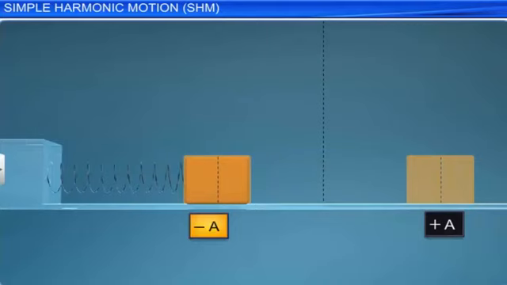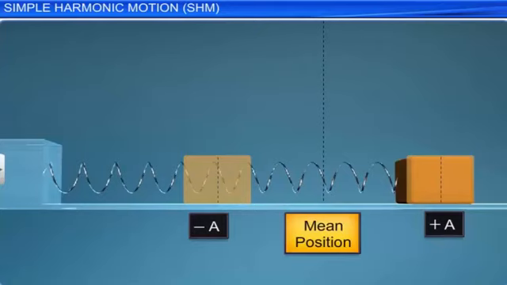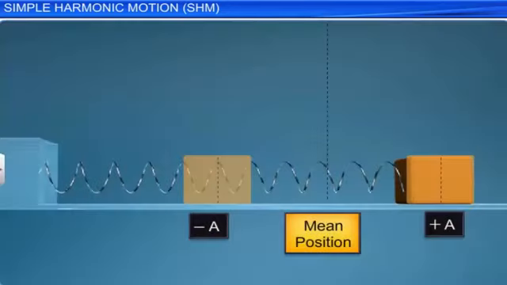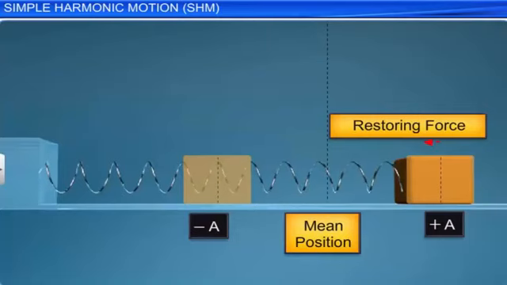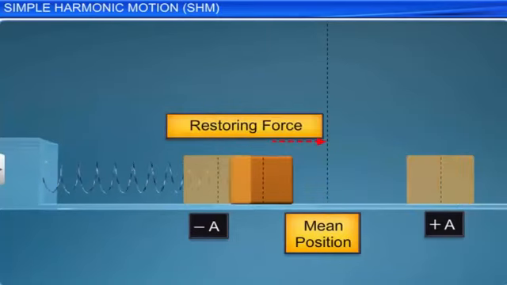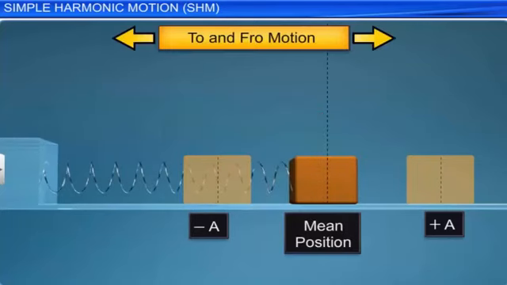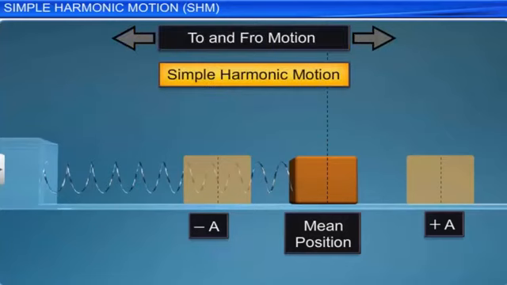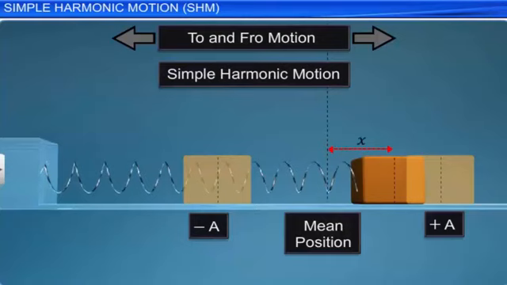As the body moves away from its mean position, it experiences a restoring force, which attempts to bring it back to the mean position. This to and fro motion being executed by the body is called simple harmonic motion. The displacement of the particle from the origin is a function of time t.